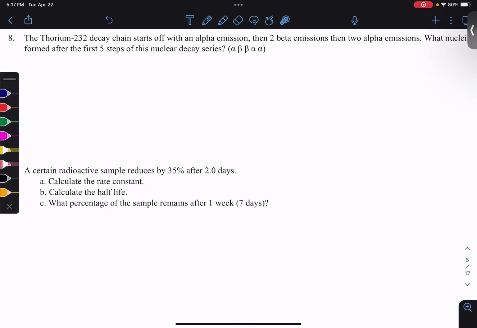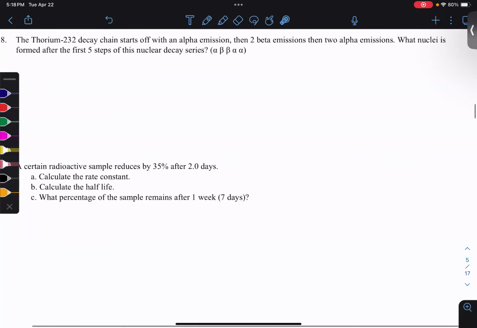It can take upwards of 13 steps for, for example, uranium to be stable. So we can ask you, after these 5 nuclear decay steps, what is your resulting product? So the idea here is we just do decay after decay after decay, consecutively, to see what the final product is, all right?